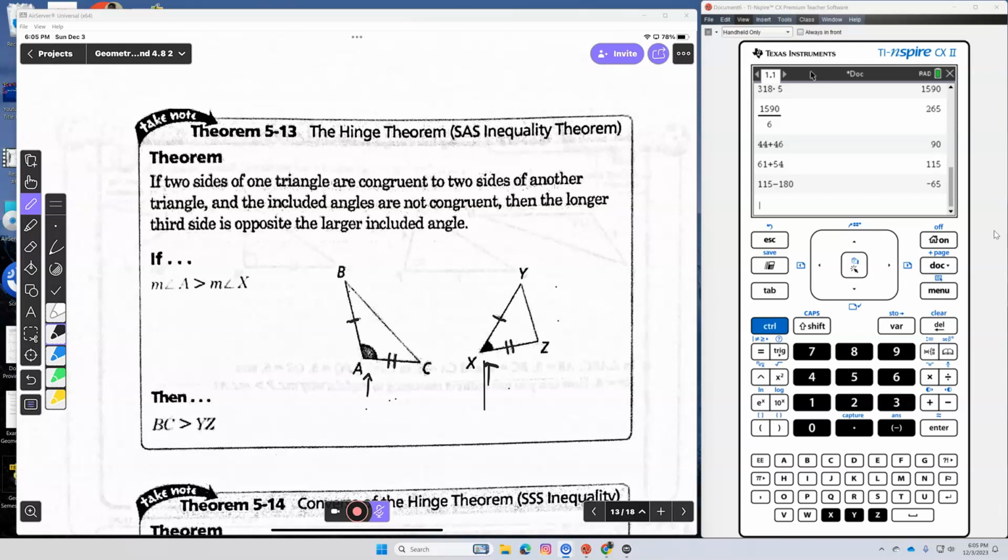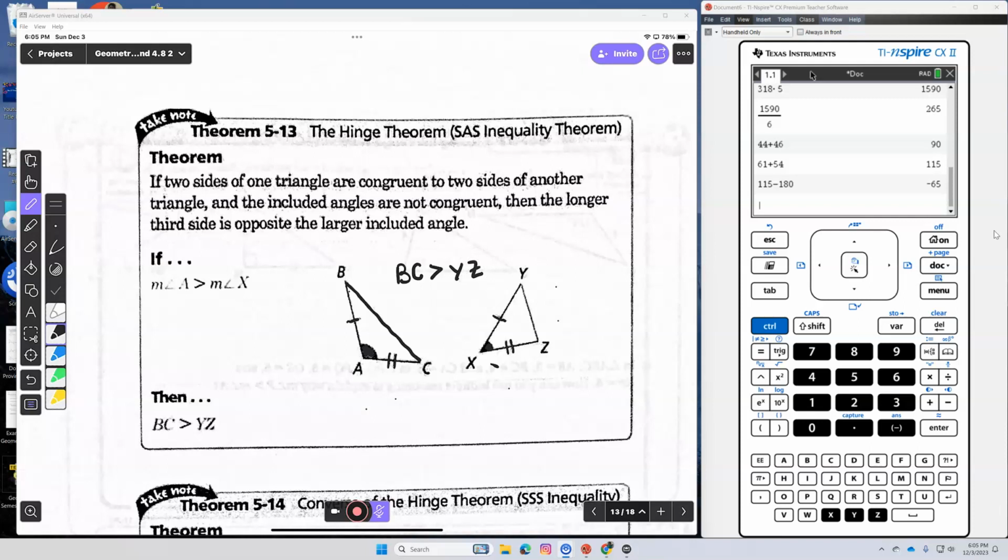In other words, if this angle is larger than this angle, then what you can conclude is that this segment BC, the distance from B to C, is larger than the distance from Y to Z. Kind of makes sense. It's like a hinge.